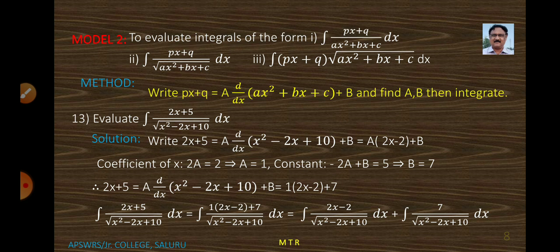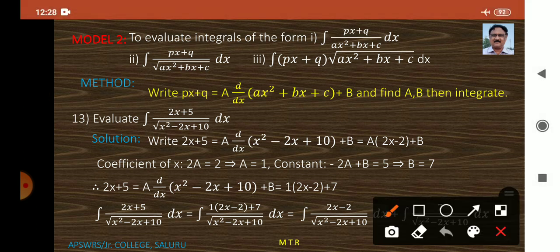First write px plus q, here 2x plus 5, equal to A into the derivative of x square minus 2x plus 10, plus B. This is equal to A into, the derivative of x square is 2x and the derivative of minus 2x is minus 2. Write the plus B as it is.